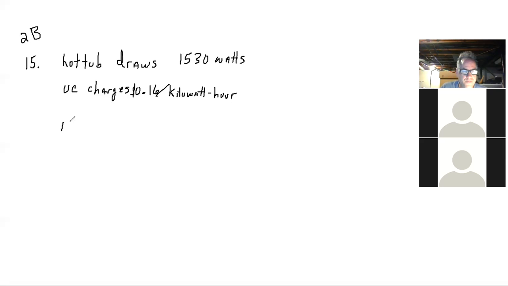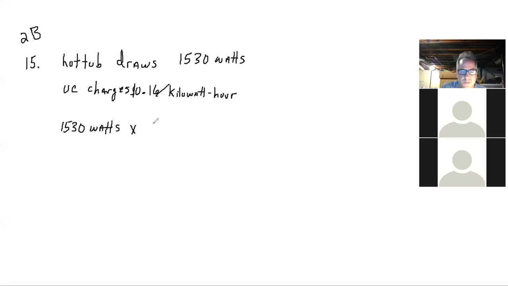We've got our 1530 watts. And then I've got, and this is metric right here, because we're going to need to get the watt to cancel out. And we need to get kilowatt hours up top. So what's equivalent to watt in metric?